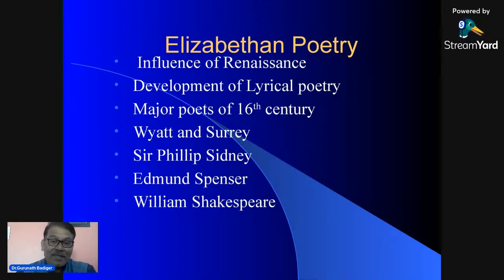Italy is an attractive place, and all people began to go to Italy, whether it is painting, sculpture, poetry, or drama. For everything in Europe, Italy was the center of learning.